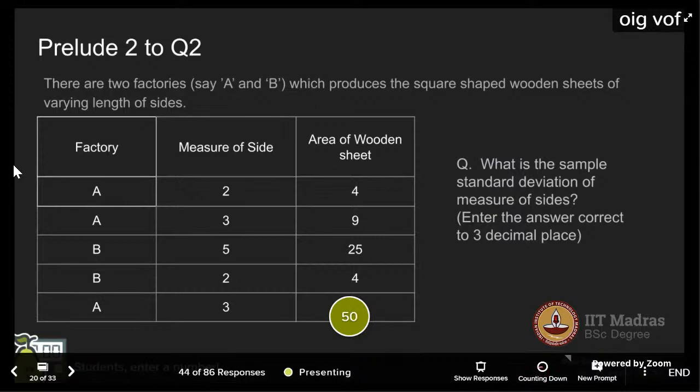Just 1 minute more and then we'll move to the solution. A candidate can enter only once, but they can edit their answer. I will lock the screen after 1 minute, then you won't be able to change the answer. Okay, within that period we can correct our answers. Yeah, you can edit it.